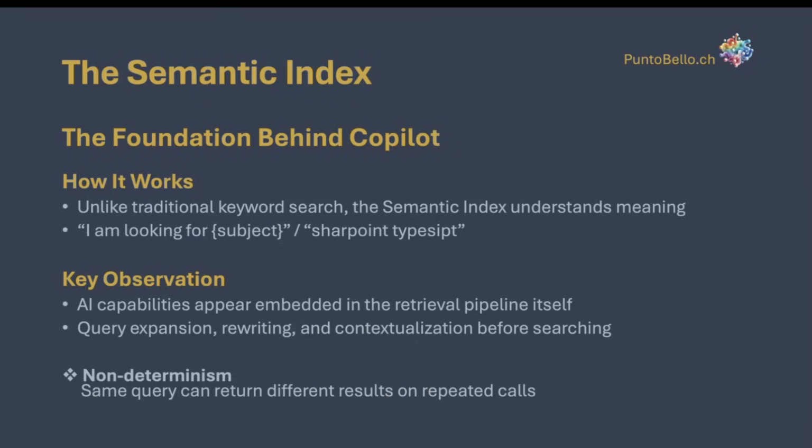From building the web part, my key observation is that it is not just a semantic index. We have AI capabilities which appear to be embedded in the retrieval pipeline itself. Microsoft states that the index understands context and intent and performs query transformation before searching. So identical queries can return slightly different results on repeated calls.